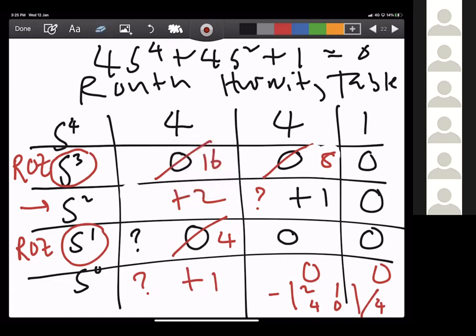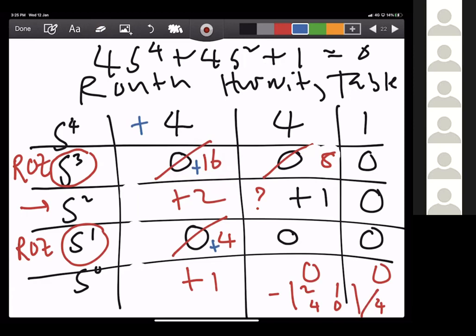So saya panggil pakar. Sign of change. Nur Najwa, pakar dia. No signs of change. Positif kan? Ada sign of change? Tak ada.